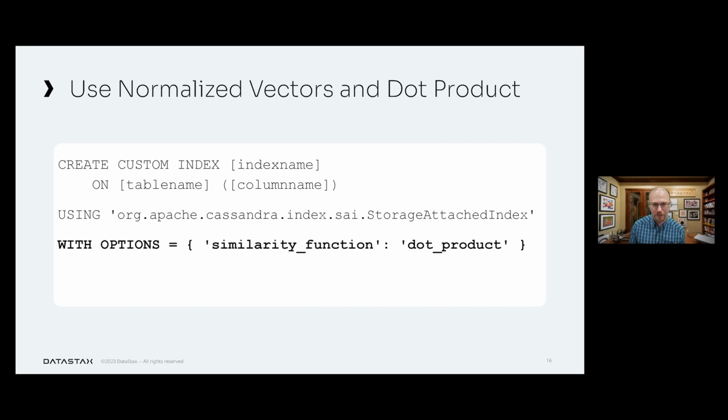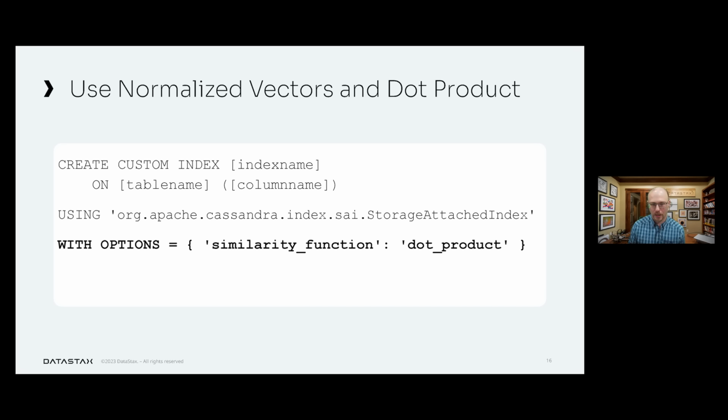All of the models on the previous page, they give you normalized vectors. So you should use dot product. And here's the syntax that you use to tell Astra that you want to create an index that uses dot product. So that will give you a performance difference of about 40%. It's about 40% faster if you use dot product than cosine.